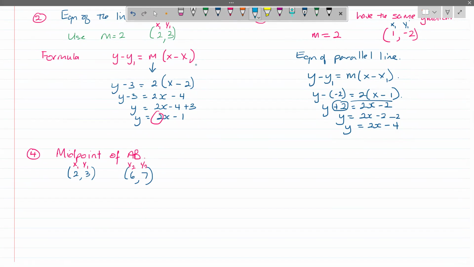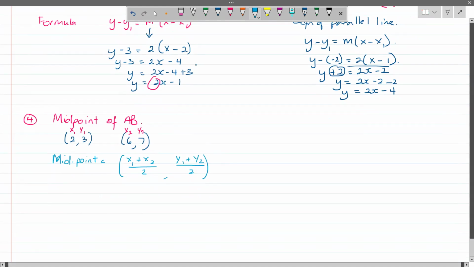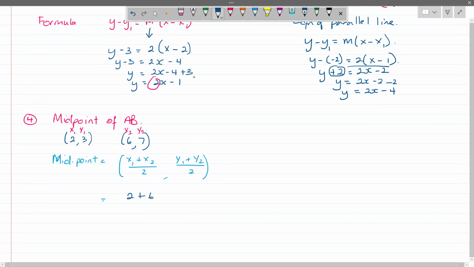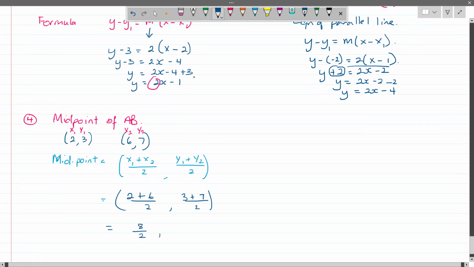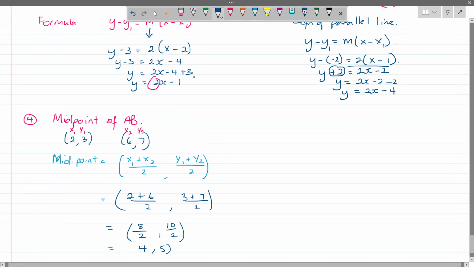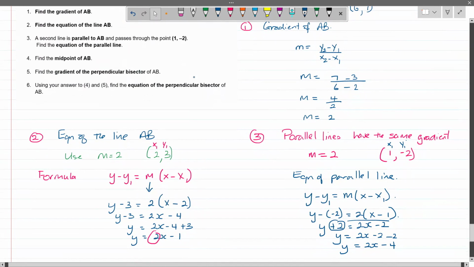Put your formula. x1 is 2, x2 is 6, y's are 3 and 7. But this is our point. So you get 8 over 2, 10 over 2. The midpoint is (4, 5).